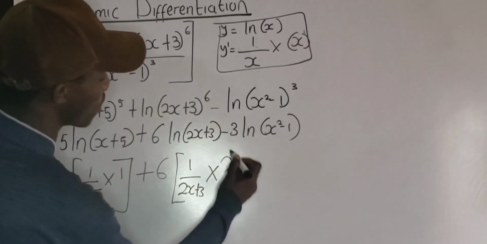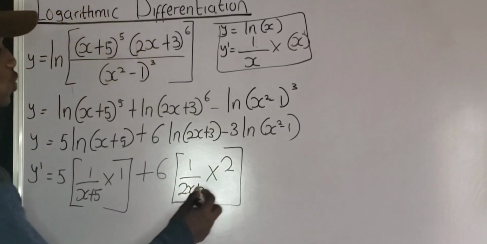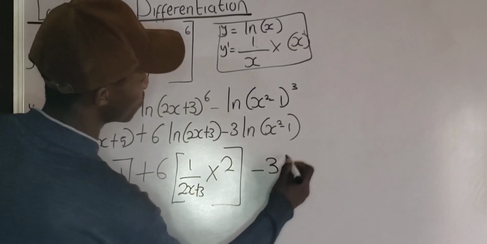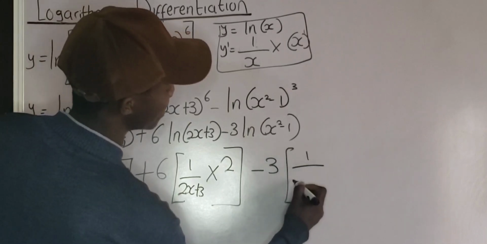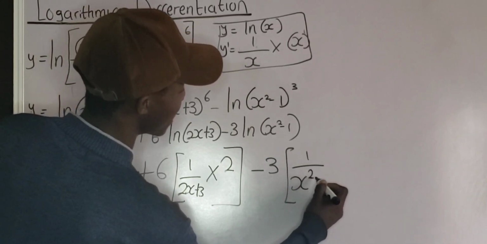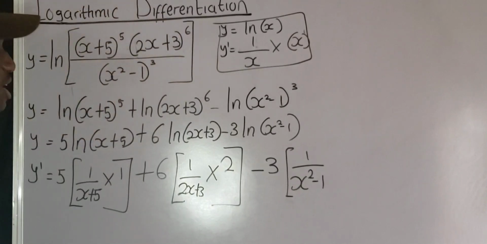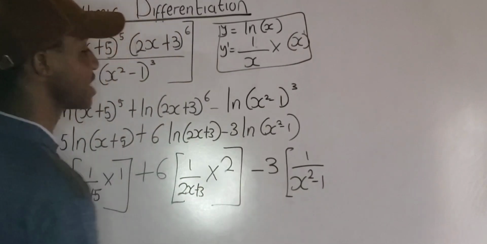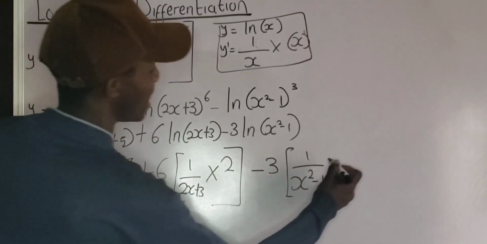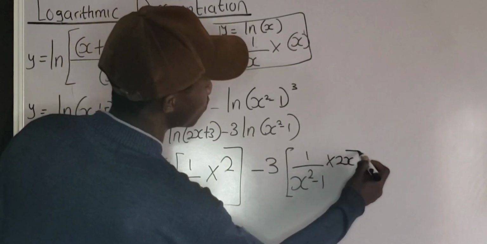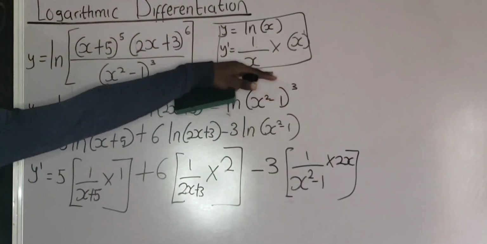Now let's proceed to the third part. I'm going to have the inverse of the function inside the bracket, x squared minus 1. If you differentiate x squared minus 1, you're going to get 2x. So multiply by 2x according to the law that I wrote here.